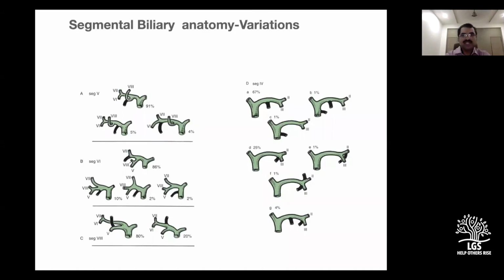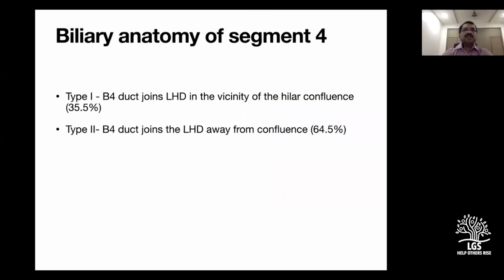The majority of variations are either in segment 4, segment 5 or segment 6. So the biliary anatomy of segment 4 is again divided into a type 1 anatomy and a type 2 anatomy. The type 1 biliary anatomy is where the segment 4 duct joins the left hepatic duct in the hilar confluence area, whereas in type 2, the segment 4 duct joins the left duct away from the confluence area, which is the common type.